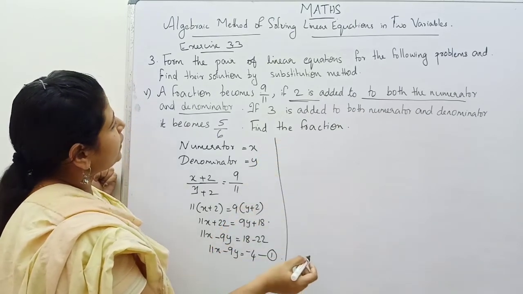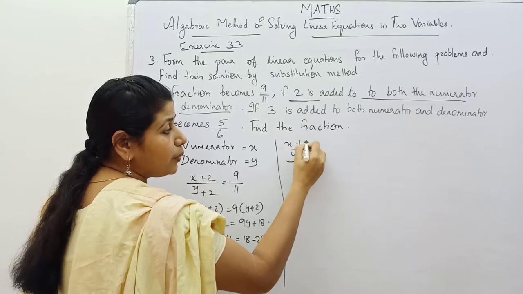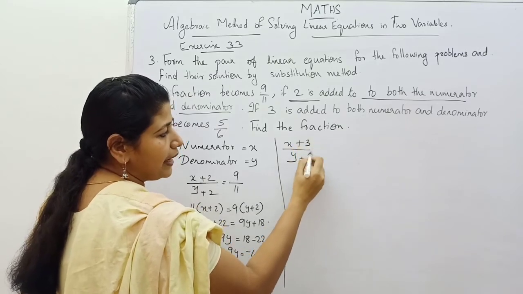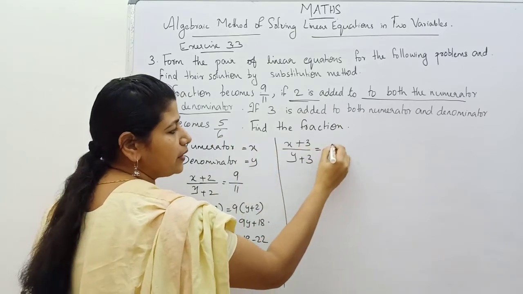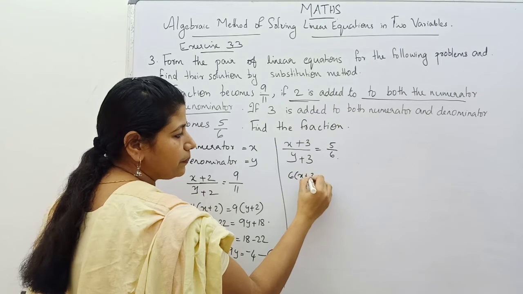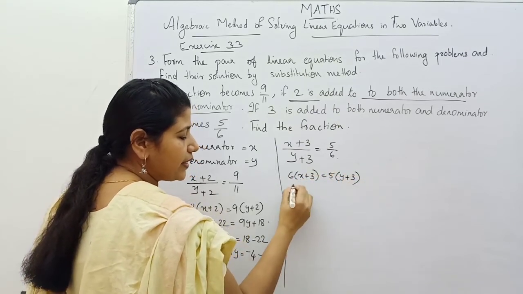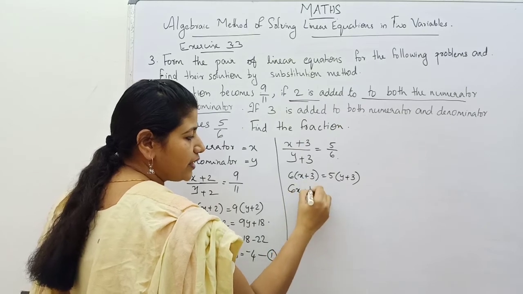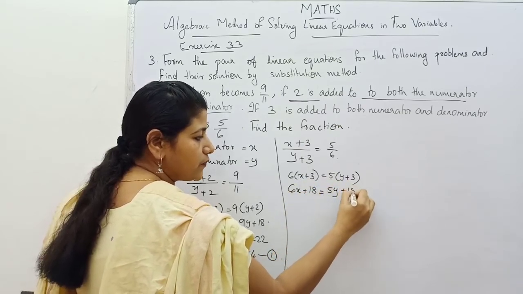Then the next given is that your fraction is x by y, and if you add 3 to both the numerator and denominator, your fraction will be 5 by 6. So cross multiply: 6 into x plus 3 equal to 5 into y plus 3. So 6 into x is 6x plus 6 into 3 is 18. 5 into y is 5y plus 5 into 3 is 15.